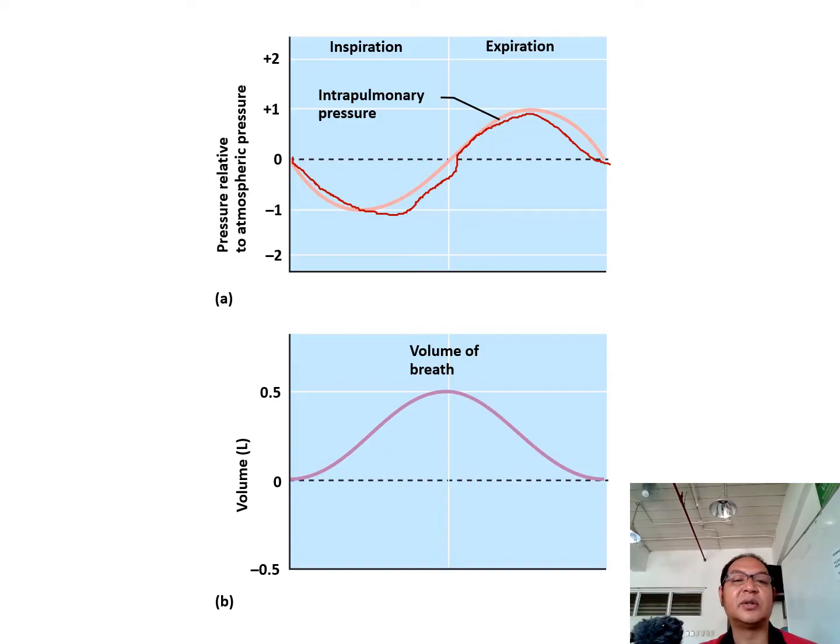Okay? So the volume of breath would be like this. Okay? 500 ml in one breath. And that is our tidal volume. Did we get it? Okay, that is our tidal volume.